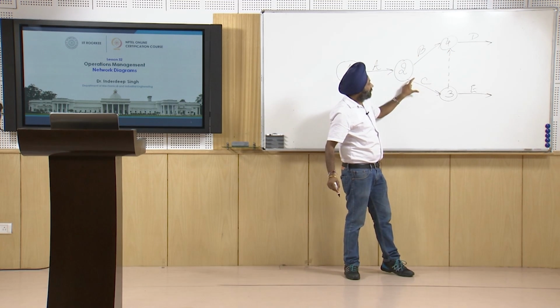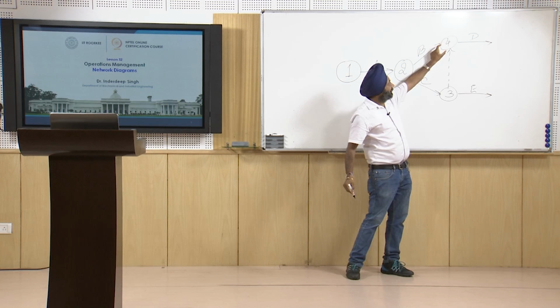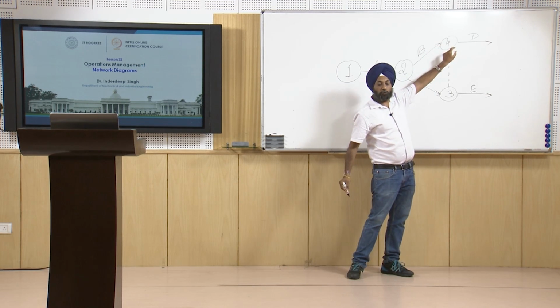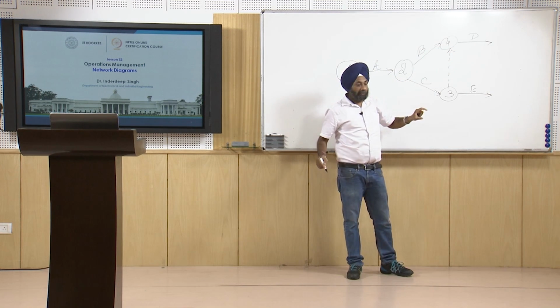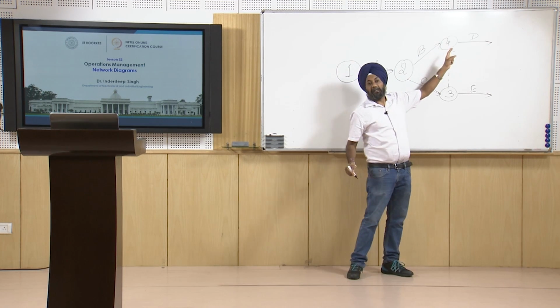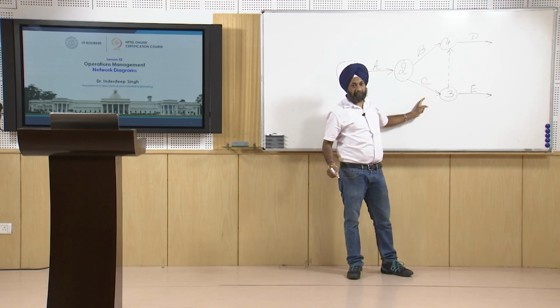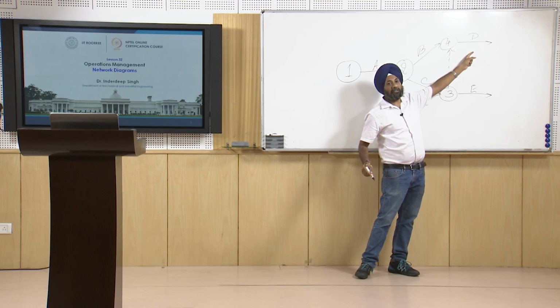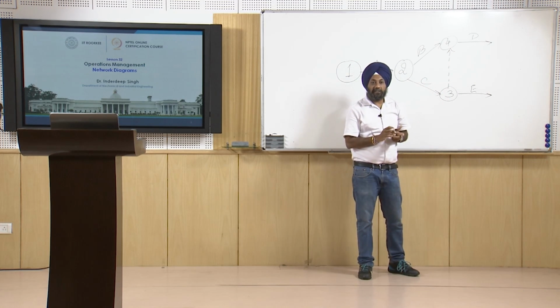B and C cannot go directly into node 3 or 4 as per our rule that no two activities can have the same start and end node, so they have to be separated. Then the successor activities also have different predecessors.